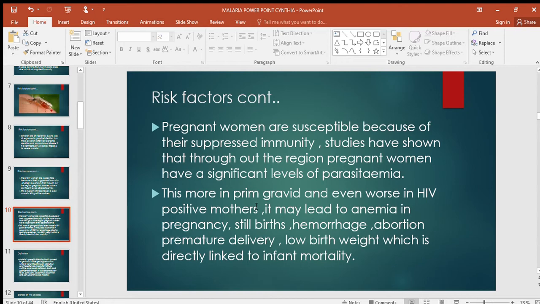Then it can also cause hemorrhage in pregnancy, which is bleeding. It can also lead to abortion or premature delivery. It can also contribute to low birth weight, which is directly linked to infant mortality. So this is how dangerous malaria is in pregnancy.